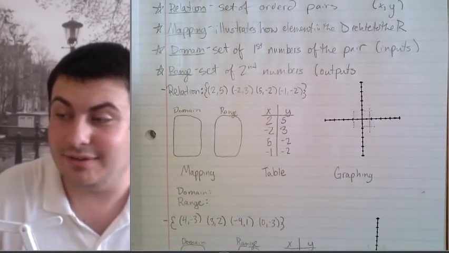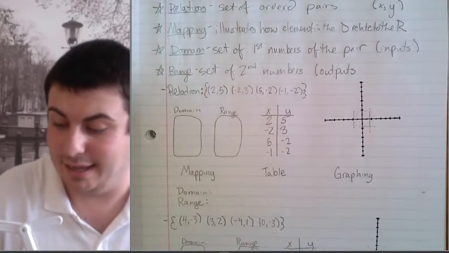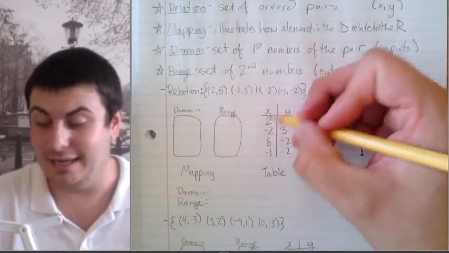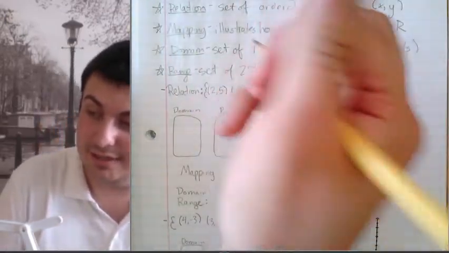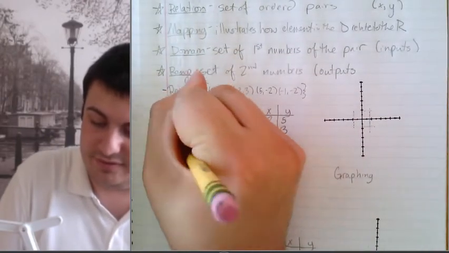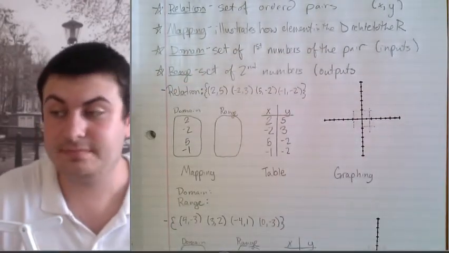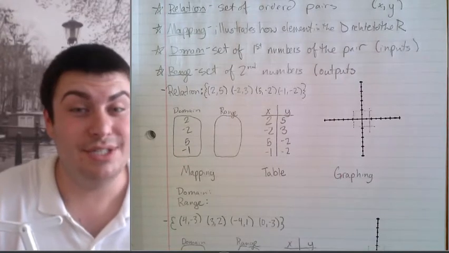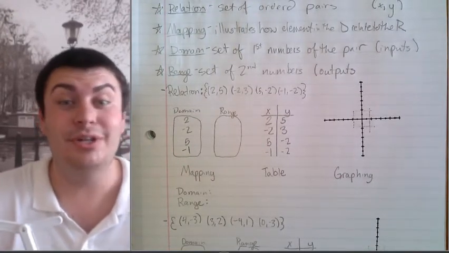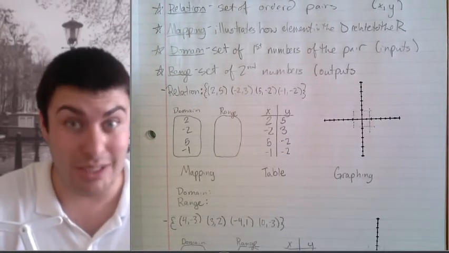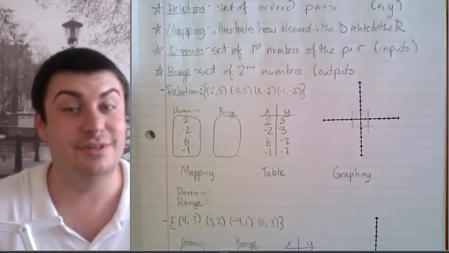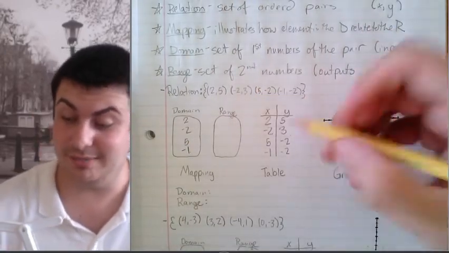Great. Now let's look at putting it as a mapping. So the mapping, I'm going to essentially take my x column and copy it over. So I'm going to take 2, negative 2, 5, and negative 1. Now, in the domain bubble, you cannot and should not, will not, repeat values. So notice 2, negative 2, 5, and negative 1 are all unique. So now I'm going to put in my y values.